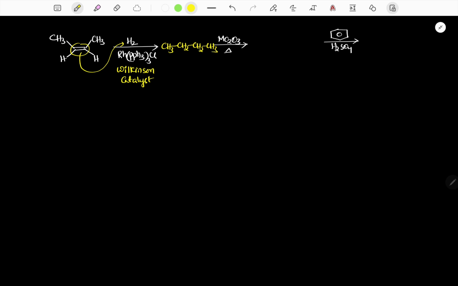Now n-butane is treated with Mo2O3 and heat. From the NCERT point of view, alkane undergoes oxidation, and here the terminal alkane undergoes oxidation. Finally we get the corresponding aldehyde.